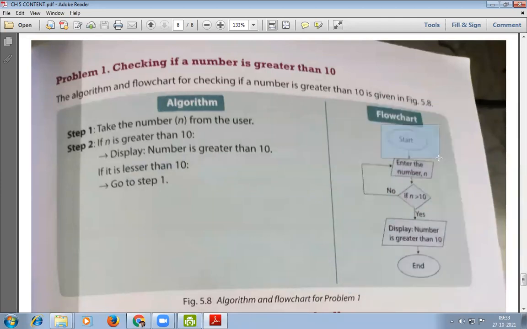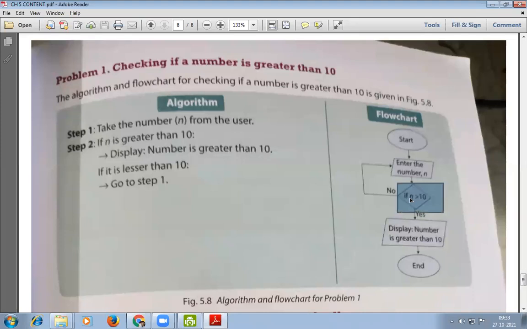First, we have to put start. Next one, enter the number. If the number is 11, then if n is greater than 10, this one is also a test statement. Here n means number.